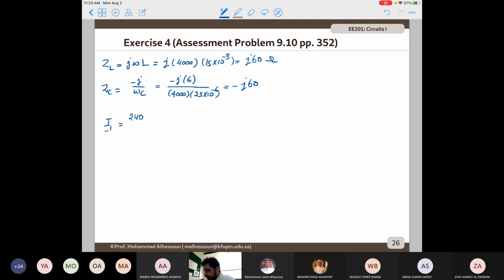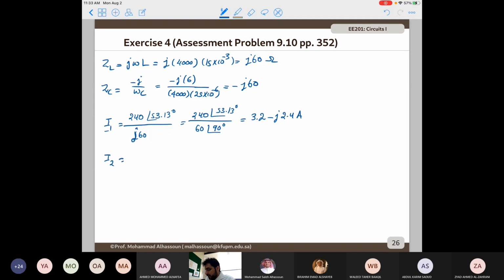The voltage is 240, the angle is 53.13, and the impedance is j60, which means it's going to be 240 angle 53.13 degrees divided by 60. And this is going to give me 3.2 minus j2.4 ampere.